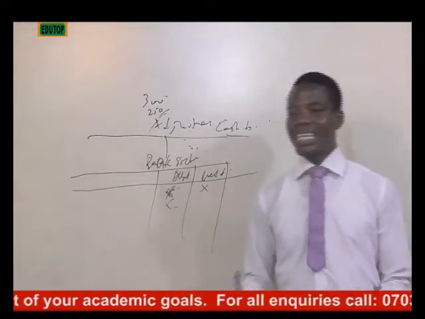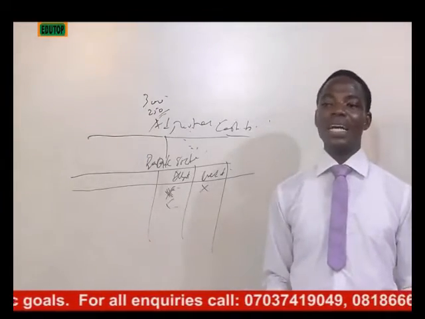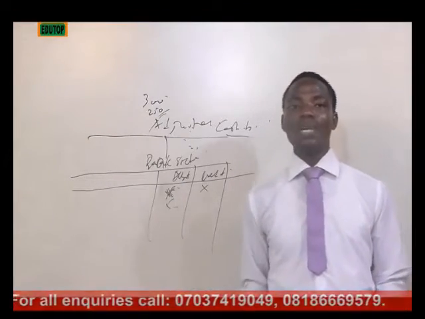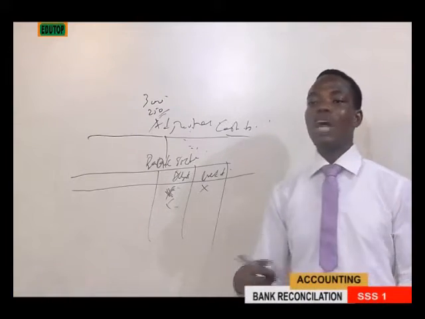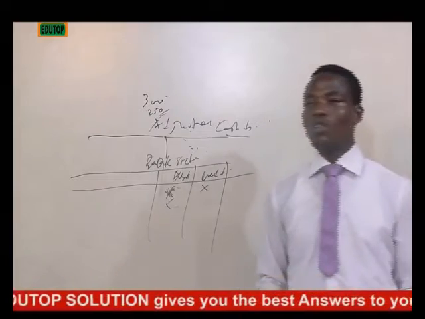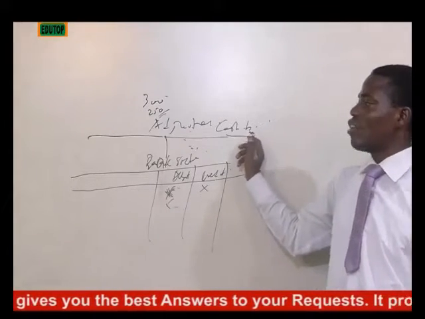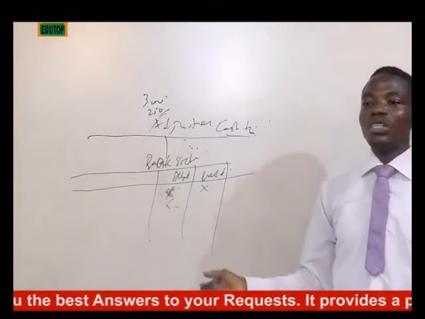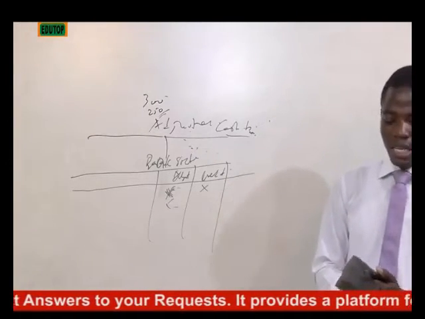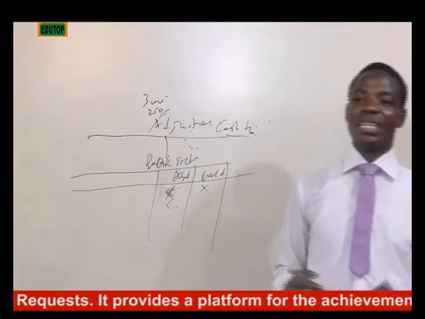But when the bank is debiting your account, you have not been notified by the bank that the regular payment has been made on your behalf. Had you been notified, you could have put it in the credit side of your cash book. But if that is not done, you can see that it will cause a disagreement between the adjusted cash book and the bank statement.